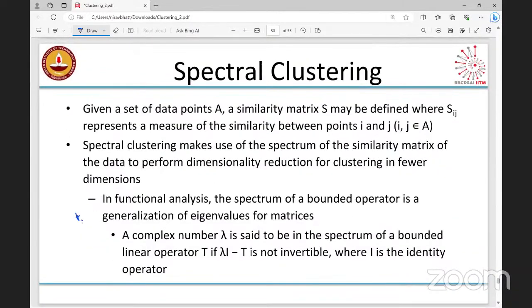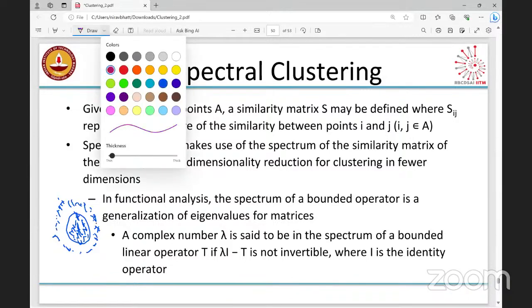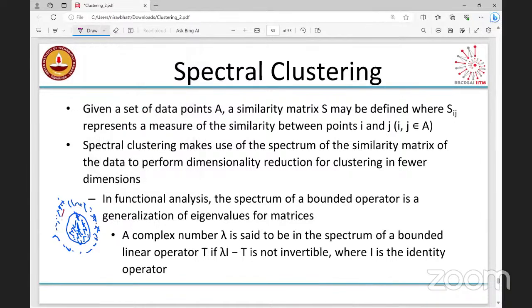Think of this kind of shape that you want to handle. Here we can have one cluster like this and the other cluster like this.